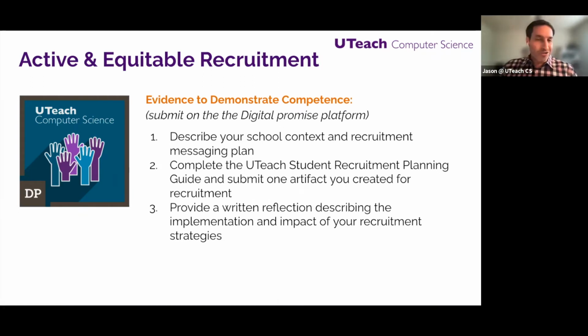So usually the artifact is just a document, and then a written reflection. Since I am the assessor, I'll let you know the more in-depth the reflection, the better chance you have of your micro-credential being approved. So when you're writing a reflection, I always like for people to not only reflect on the student point of view, but also the teacher point of view. So that is our active and equitable recruitment one.